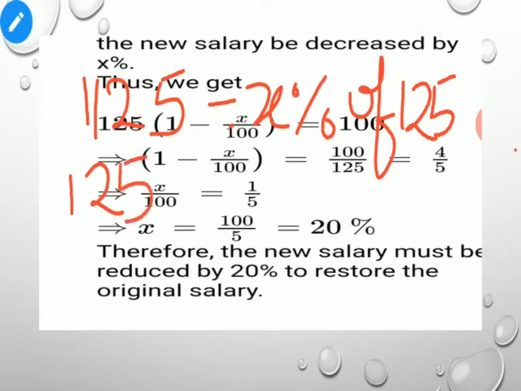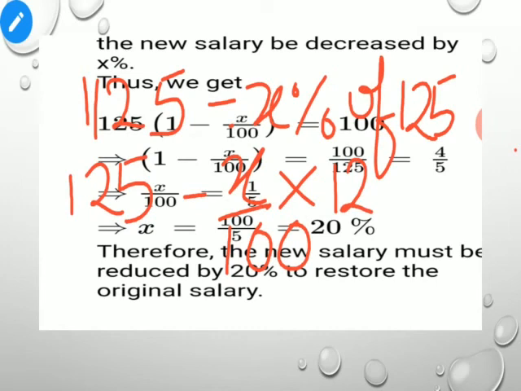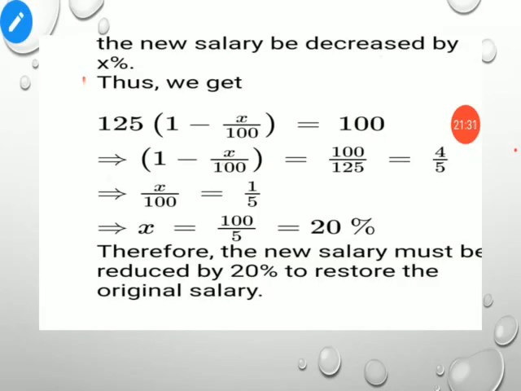So when you solve it, it will be 100 equals 125 minus X upon 100 into 125. Now we will take 125 common. So it will be 125 in bracket 1 minus X upon 100.